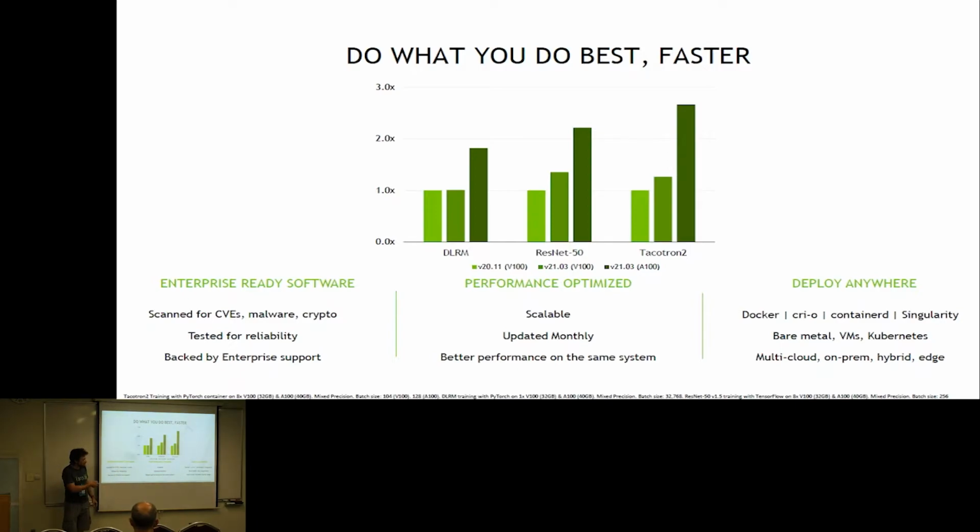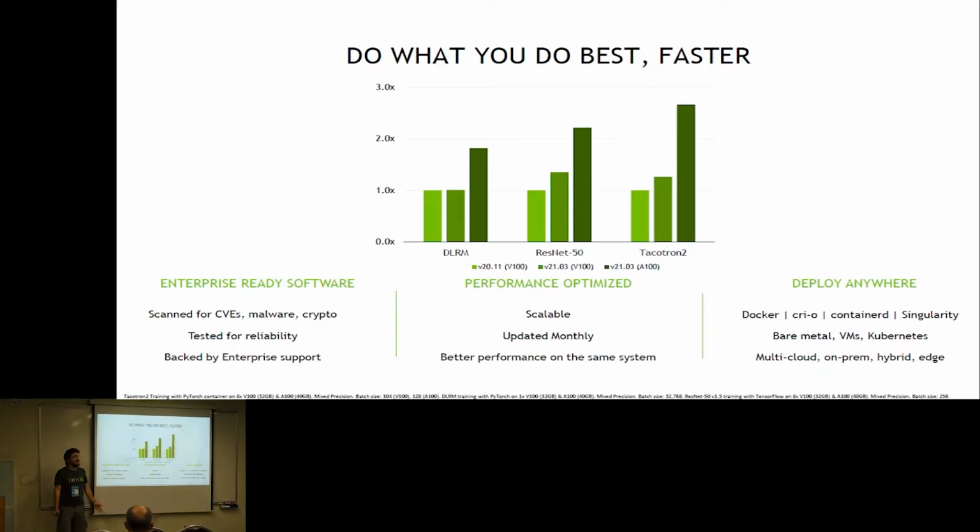In this slide, if you compare the left two bars in each category, that's the speed up one gets just from changing the container 5 months ahead. And this is like 20% faster training, 20% of cost savings on your training if you switch the container.